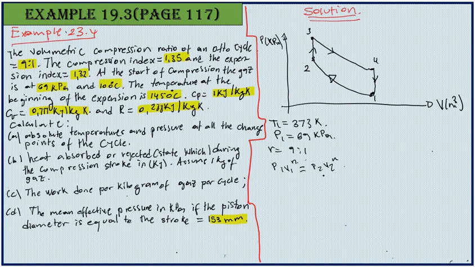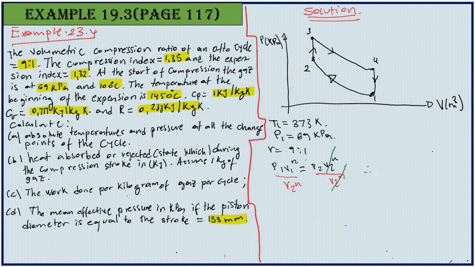So now to get the value of P2, we need to divide both sides by V2 to the power of N. So if we divide this side as well as this side, on this side we can simplify these two to remain with P2.